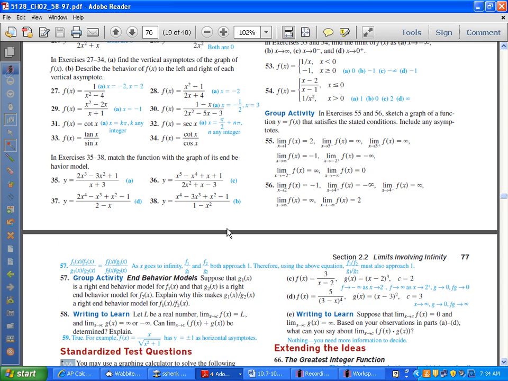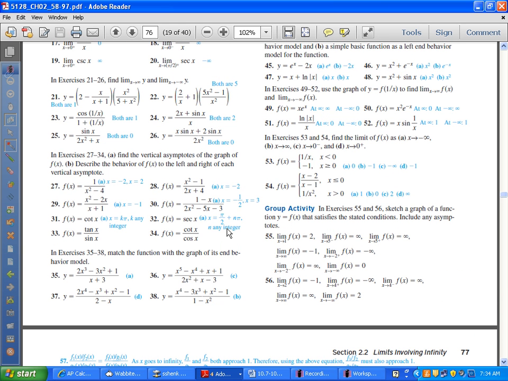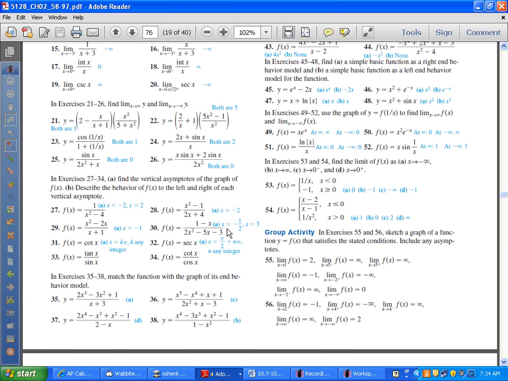I'm pretty sure there was a section that they wanted you to do that in. In this section right here, in 49 through 52, I'm looking at page 76. They say use the graph of y equals f of 1 over x to find the limit as x approaches infinity on these ones here. So let's go ahead and take a look at this one. Let's look at like 50 here.